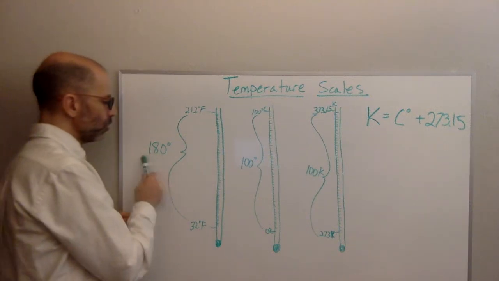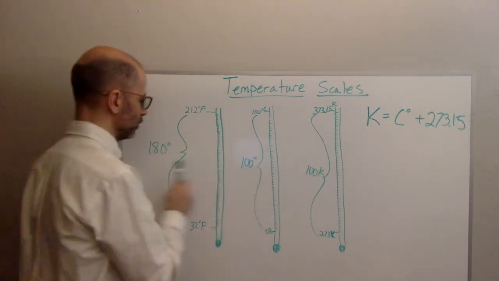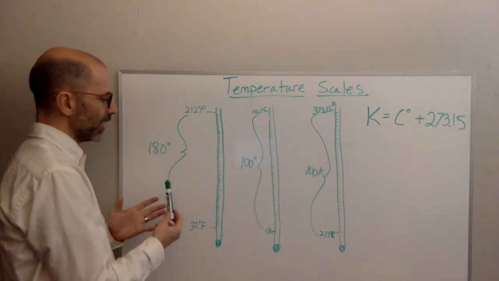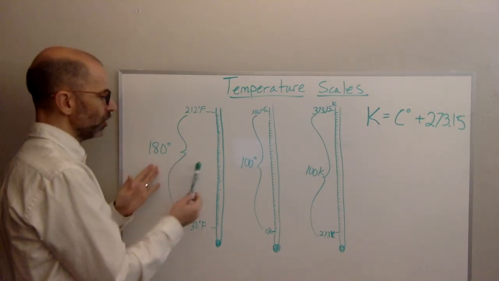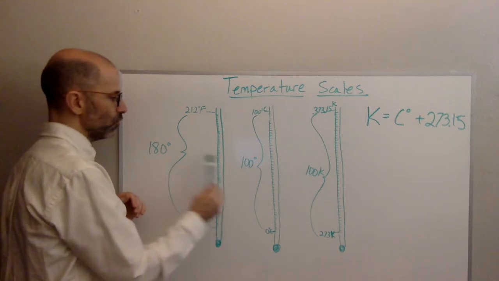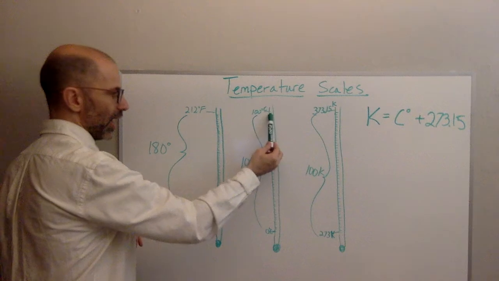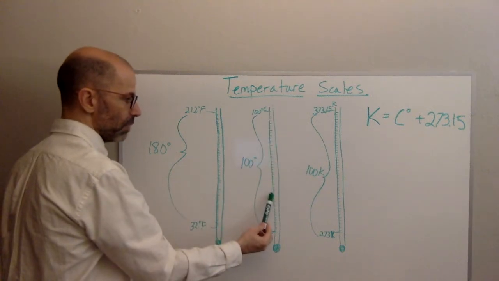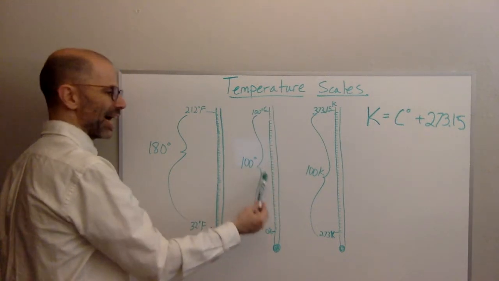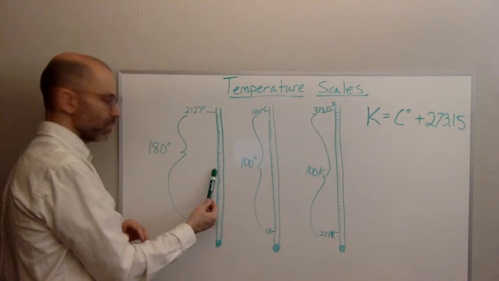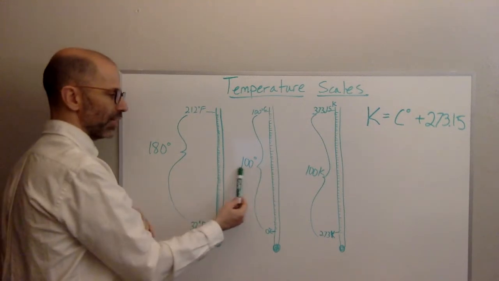So the proportion here is 100 divisions versus 180. In order to relate these two, the size of this increment is going to be 1.8 times bigger than this one, because I have to fit fewer divisions.